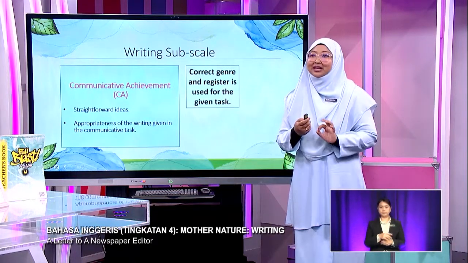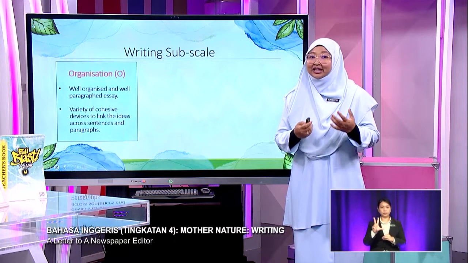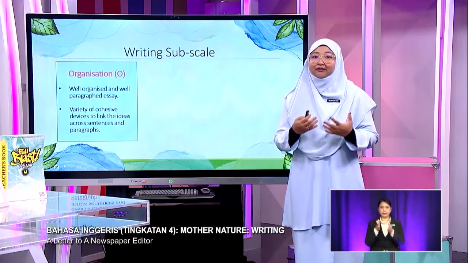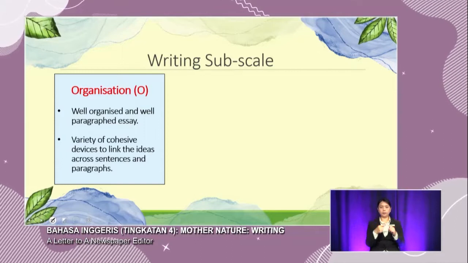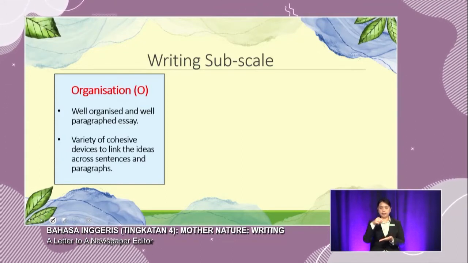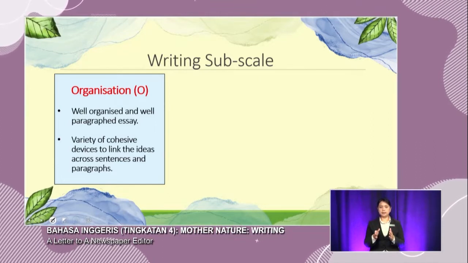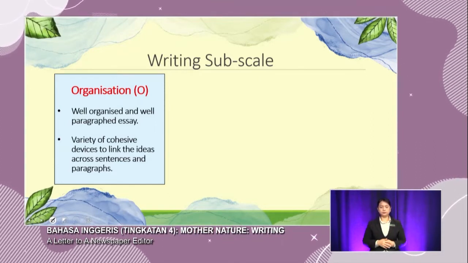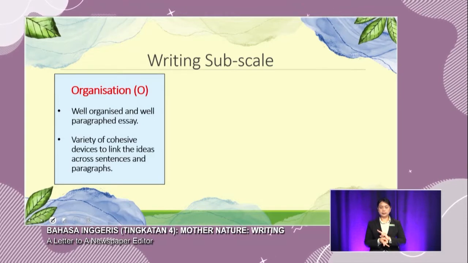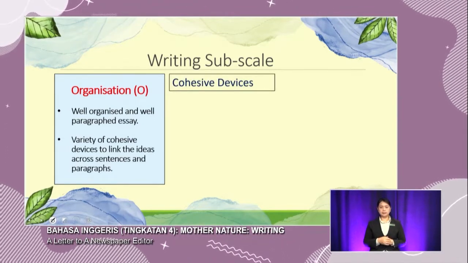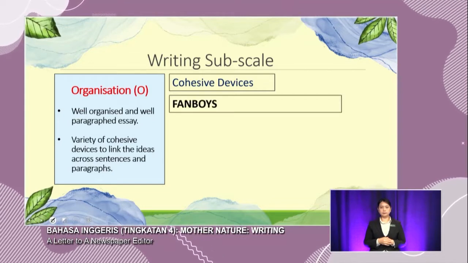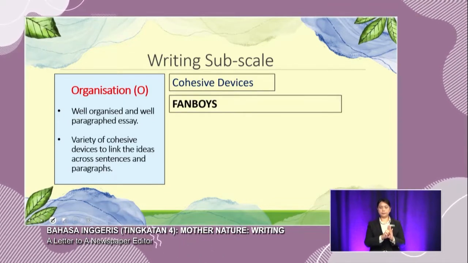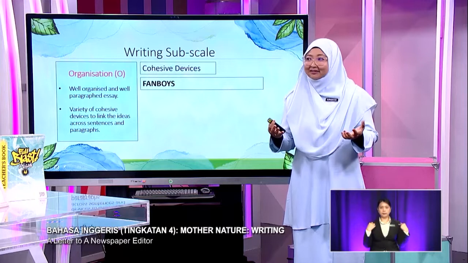Okay, number 3 is the organization. We have to make sure that you write a well-organized and well-paragraphed essay. The second point is a variety of cohesive devices to link the ideas across sentences and also paragraphs. I'll give you some examples here. The first one, FANBOYS. Have you ever heard of this?